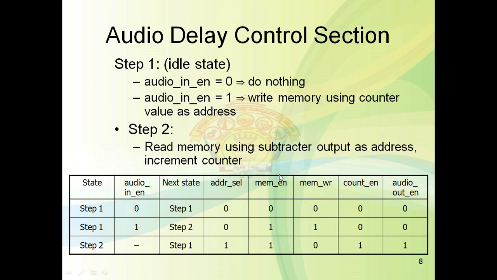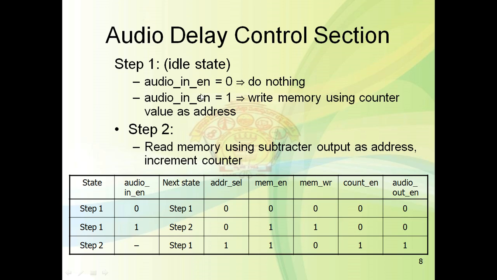Our operation has two parts, one is the write operation and the other is the read operation. When the input signal is ready, it is given by audio in enable equal to 1. If audio in enable is equal to 0, we stay in the idle state, that is, do nothing.